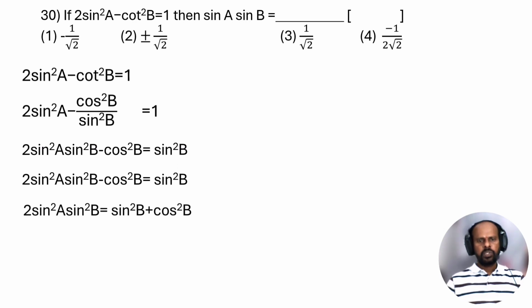So we get sin square b plus cos square b equal to 1. Next let us take 2 that side, it will divide 1 by 2, so sin a sin b, common square, if you take this side, square becomes square root, so it becomes plus or minus. So sin a sin b equal to plus or minus 1 by root 2, which is the second option.